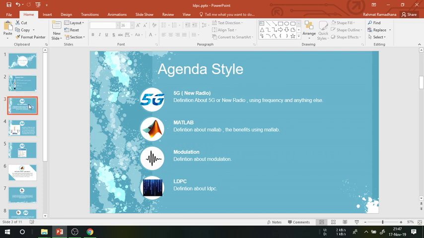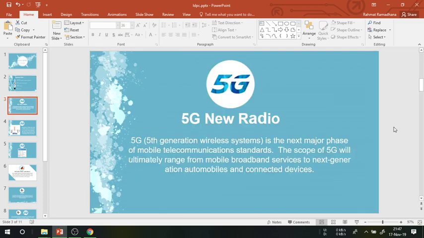Okay. Number one is 5G or the New Radio. 5G is the next major phase of mobile telecommunication standards.